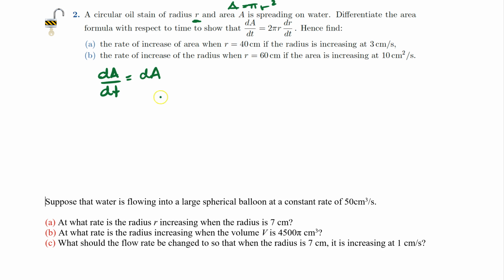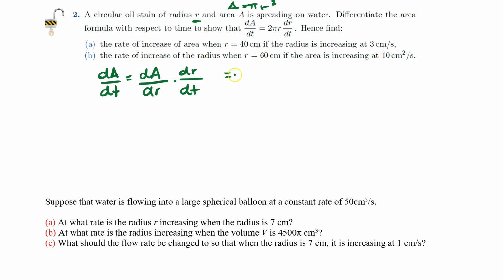So we've got to have a dA on the top somewhere and a dt down the bottom, and we connect our other variables. So what does A depend on? We saw that A depends on r. So we can find dA/dr. If I multiply it by something where I can get a t on the bottom, and I don't want r to turn up anywhere, then that is dr/dt. I want to see how the radius varies as a function of time.